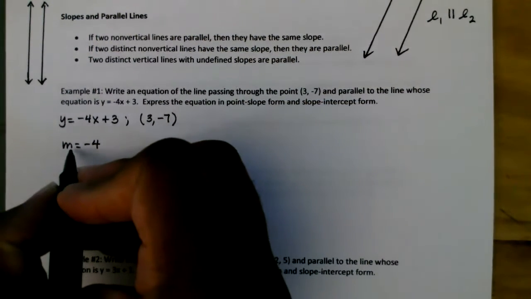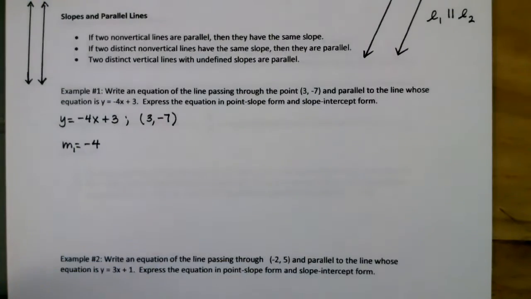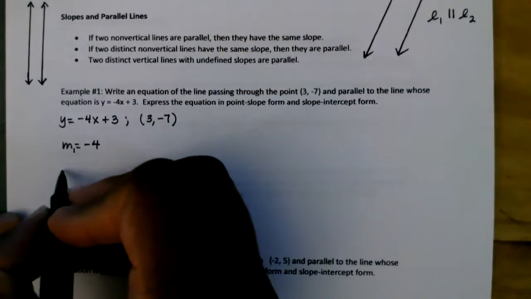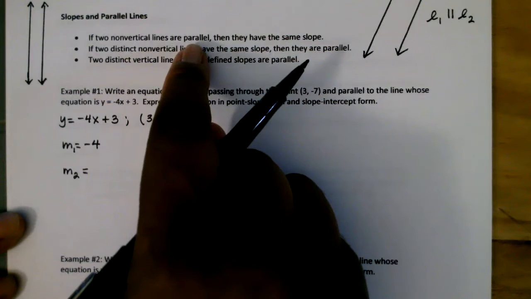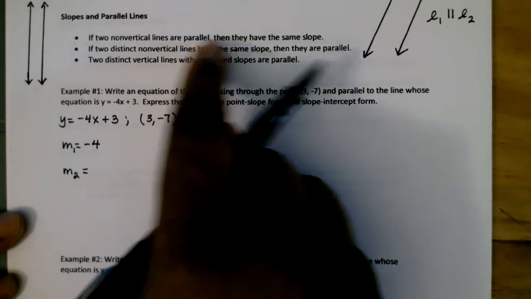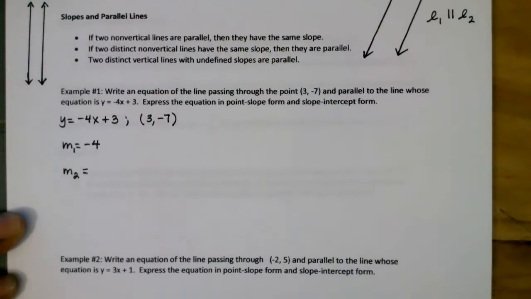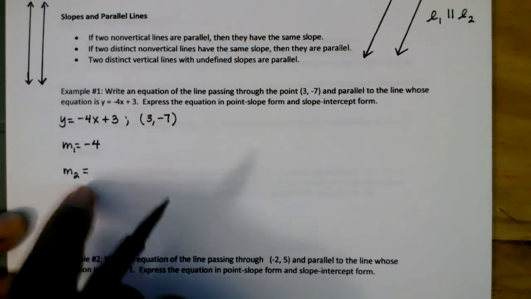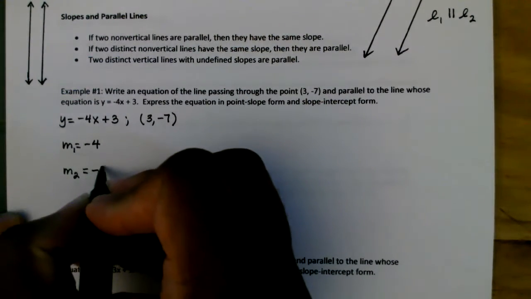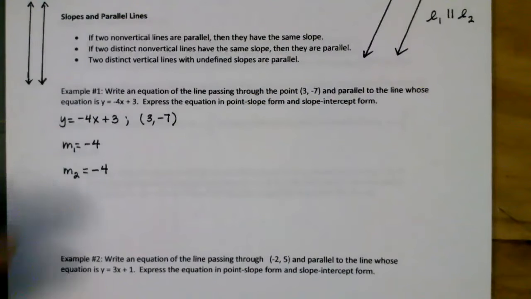I'm going to label this as m1, the slope of the first line. For the slope of the second line, keep in mind you have two non-vertical lines. If they're parallel, you're going to have the same slope. So if the slope of the first line is -4, the slope of that second line must also be -4.